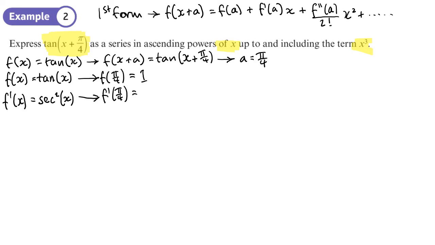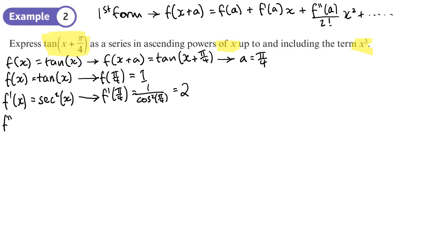Sec is 1 over cos, so sec squared is 1 over cos squared of pi over 4. So that's 1 over the cos of pi over 4 squared. That becomes 1 over root 2 all squared, or 1 over a half, so that becomes 2.